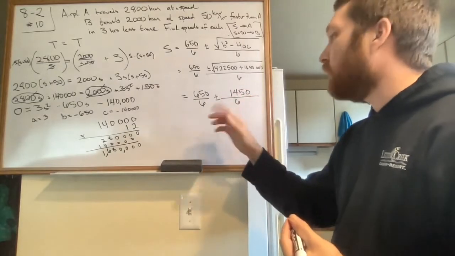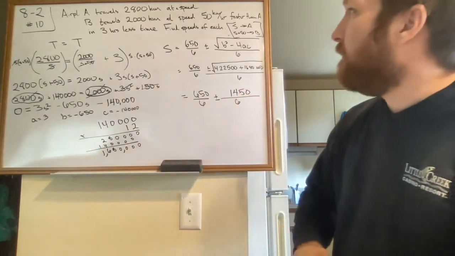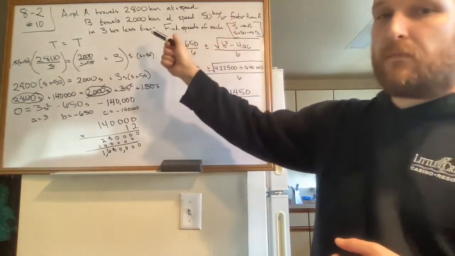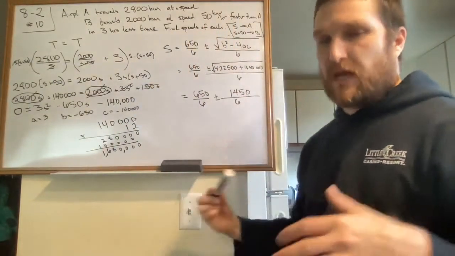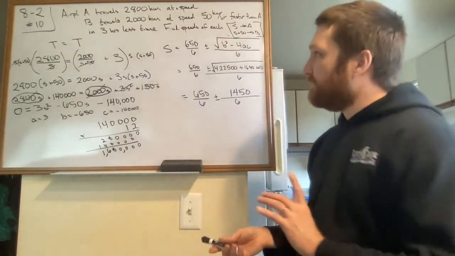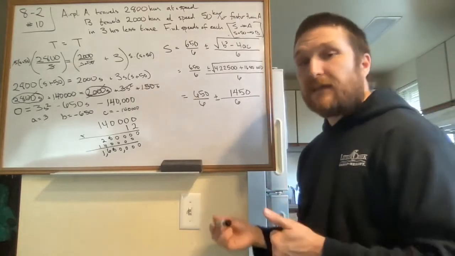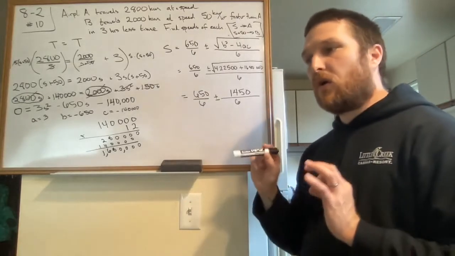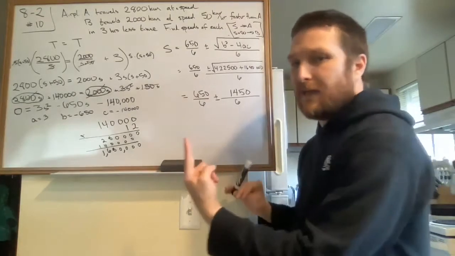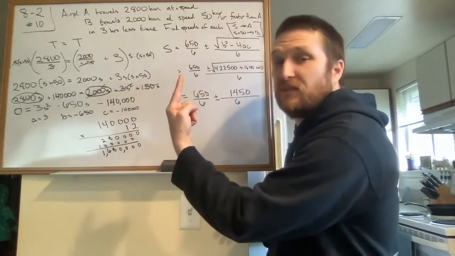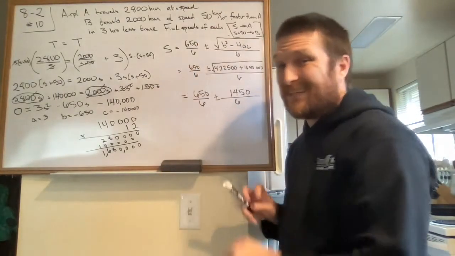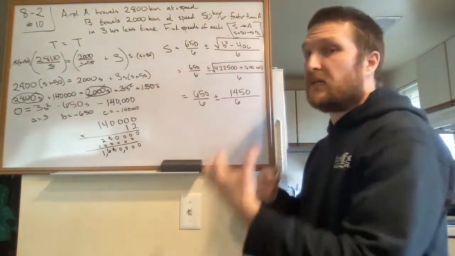Now, there's one thing to notice here. Given the problem we're working on, we expect a positive speed. It's not to say that speed can't be negative if you are talking about, say, an oriented graph where the upward direction represented north. Then negative speed would mean you're going south. In this scenario, we have not oriented anything.